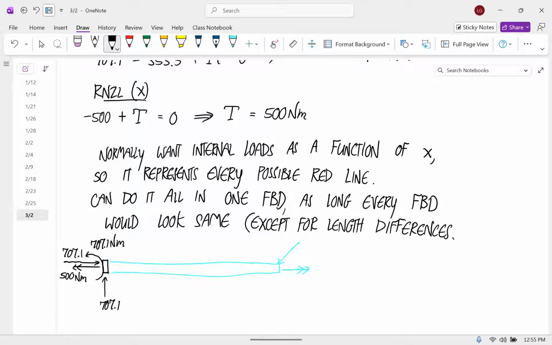And then it would have all the internal loads: T, V, M, and then fancy T.